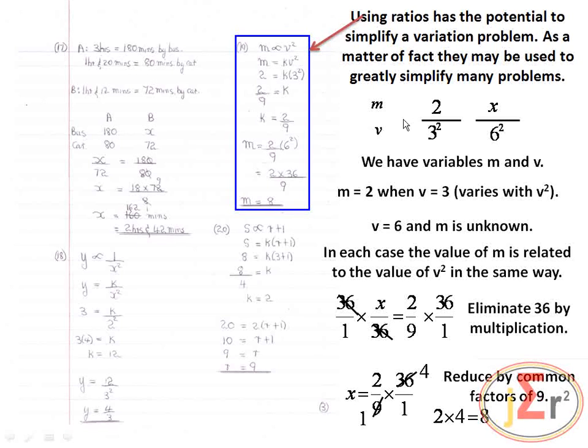So we have the value of m and the corresponding value for v, and that is what we have done here again, the value for m and the corresponding value for v.